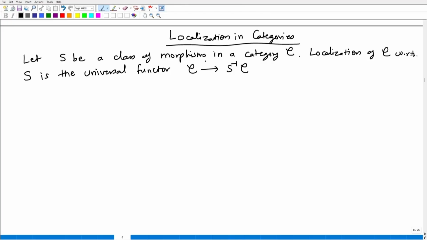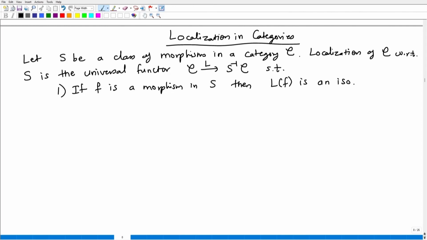such that, I will call it L because I want to call it localization, such that first of all, if f is a morphism in S, then L of f is an iso.